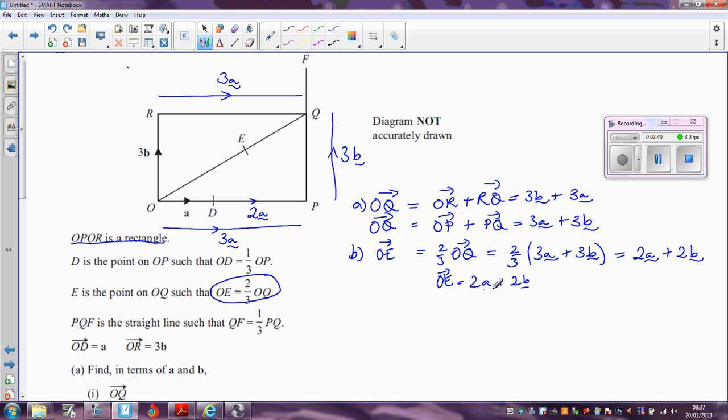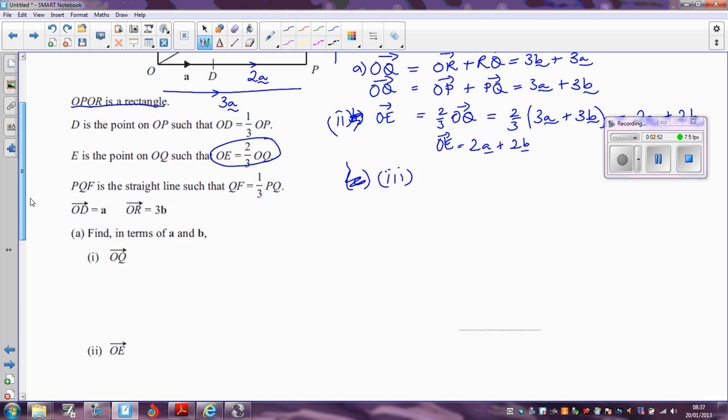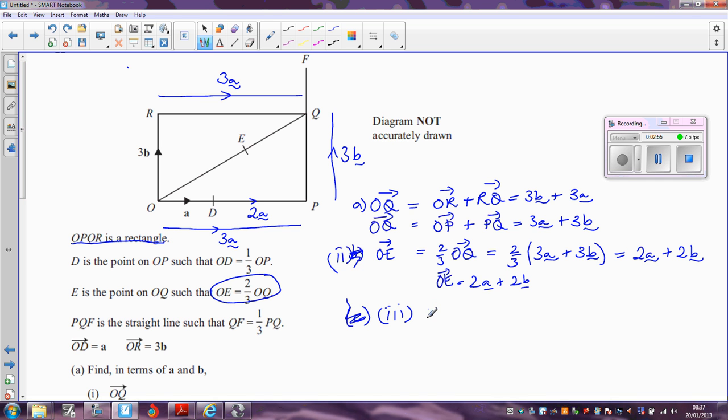It helps to remember what you've actually found. Right, part c. Oops, sorry, no, that was part ii, and this is now part iii. We are now asked to find the vector DE. So let's have a look at how we could find DE, and it really helps to think about what you've already found.